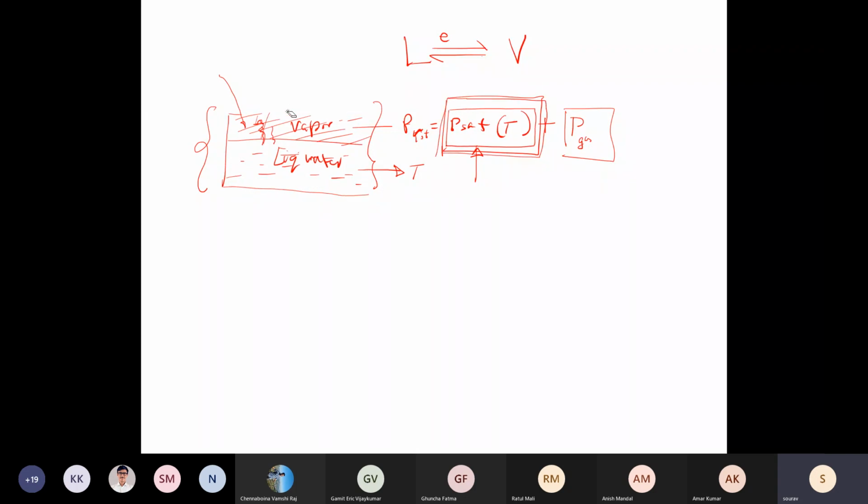Now if I make this container like an open vessel, which is what we will see in most of our day-to-day processes, then what will happen is, if you imagine that there is a thin layer of air just above the liquid water, it will be saturated.